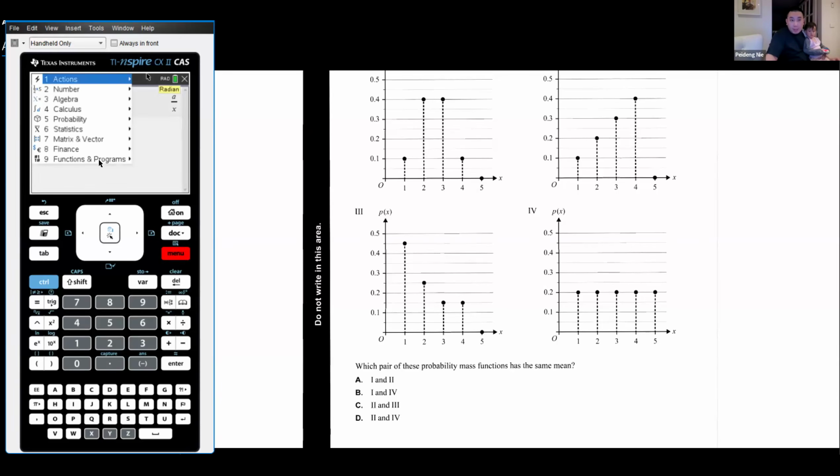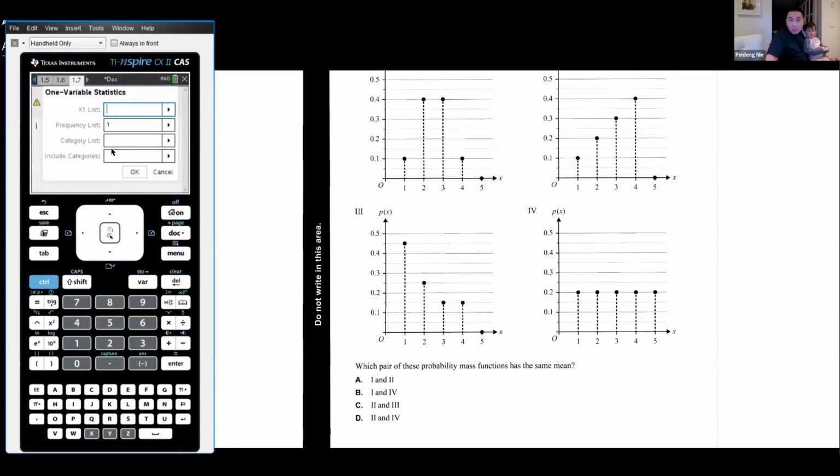Let's have a look. Menu, statistics, stat calculations, and one variable statistics. Let's choose list 1. So I know the X list is always 1, 2, 3, 4, 5, so curly bracket 1, 2, 3, 4, and 5. But now for the frequency list, I'll be using a curly bracket.